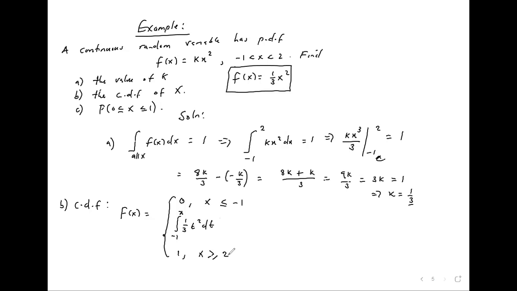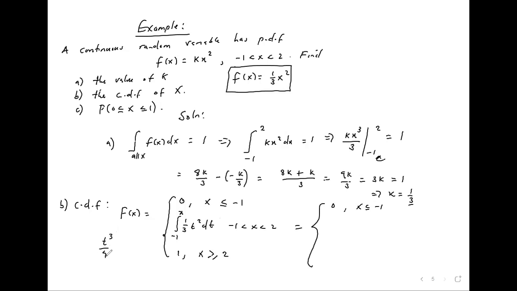So for the middle part, -1 < x < 2, the most critical part, it's still 0 for x less than or equal to -1. And then when you integrate here, you get t³/9.